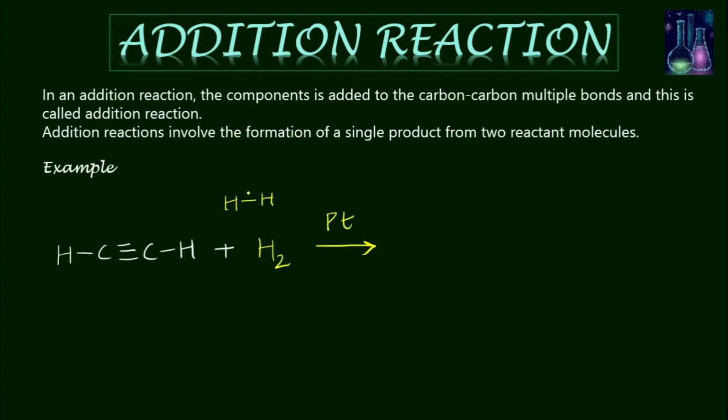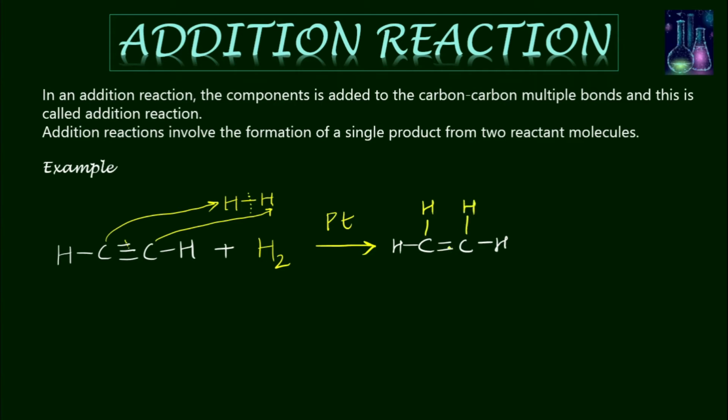Again, one of the pi bonds breaks, this carbon is added to one of the hydrogens, the other adds on to the other hydrogen, and therefore you get a carbon double bond carbon with two hydrogens, one over here and the other over here.